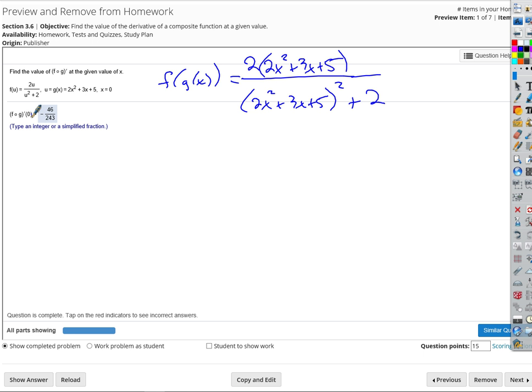Let's go through this one. This is actually a pretty big point. If I do the calculus on this, there's my function. If I differentiate this, I have to use the quotient rule, right?